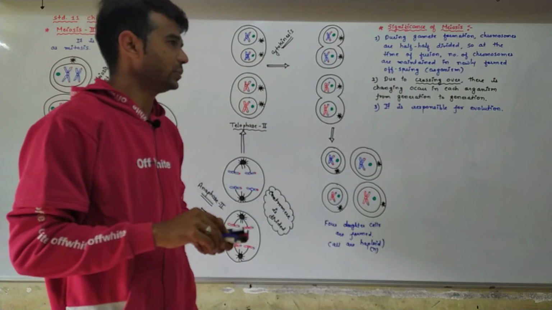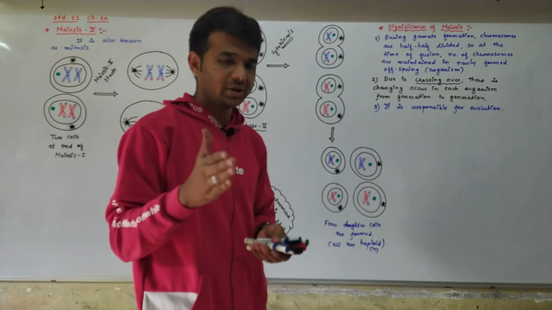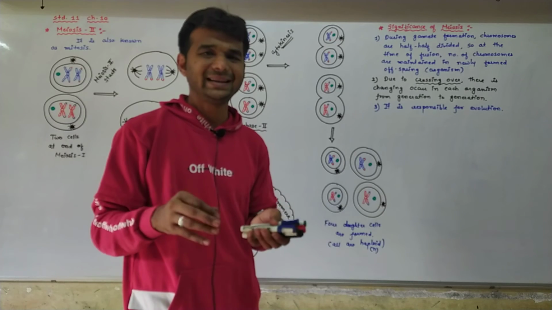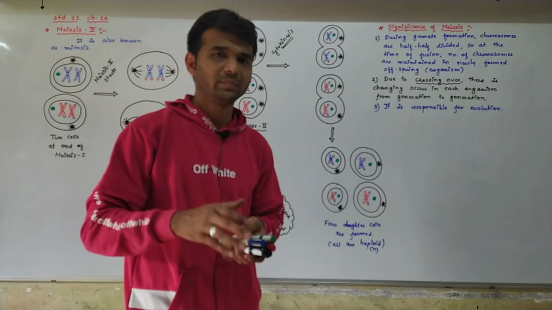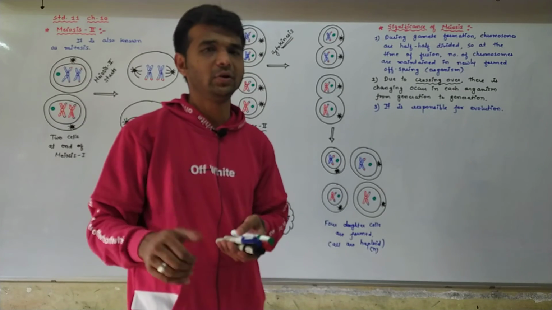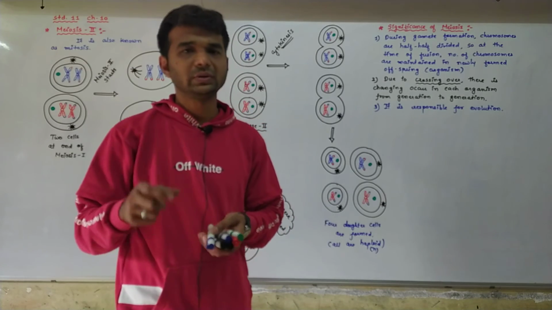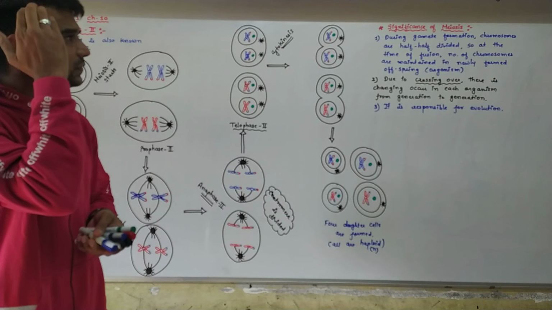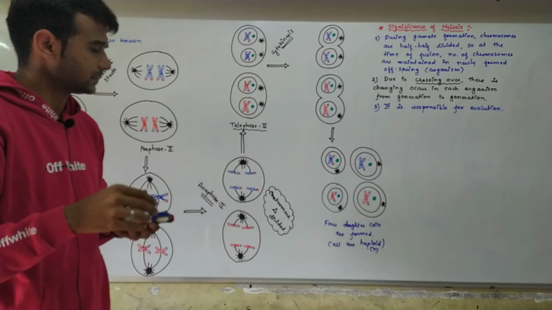Okay, so you know that generation to generation, each and every offspring, each and every organism is different from their parents as well as from their belonging group also. So this is responsible for evolution. So this is the significance of meiosis.